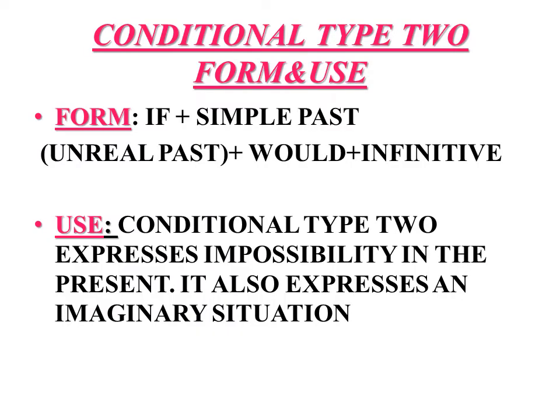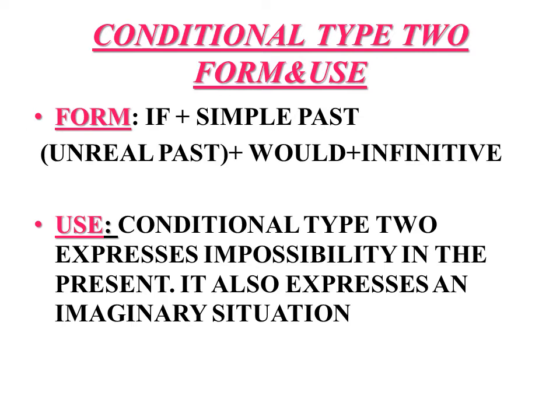The form of conditional type 2 is the following. It's if plus simple past, or what we call unreal past. We call it unreal because it's an imaginary situation. It's not possible at the time being. Plus would plus infinitive. So we always have if plus simple past.